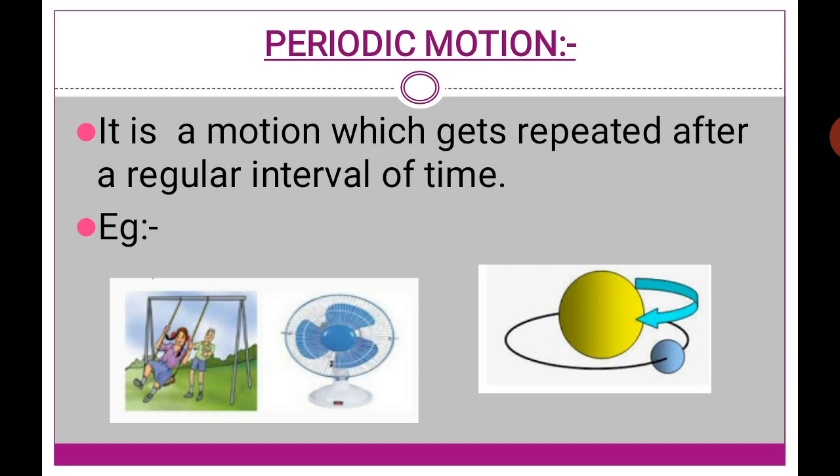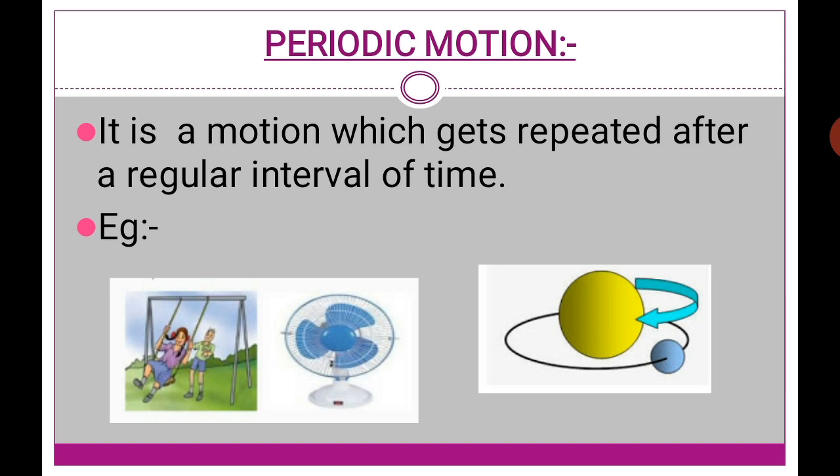The moving blades of a fan will also continue and repeat its motion. It is an example of periodic motion. Similarly, the moon moving around the earth, we know that it completes one rotation. So that is also an example of periodic motion, as the moon completes its rotation in 29 days. Similarly, we know that the earth completes one revolution around the sun in 365 1/4 days.